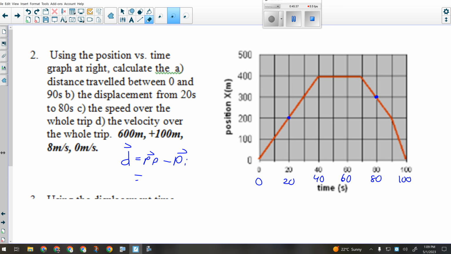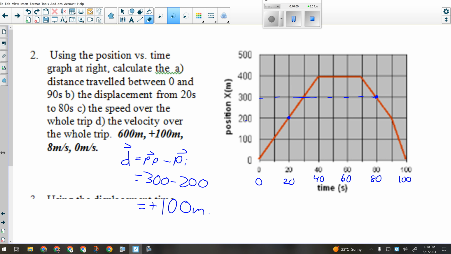My final position at time 80 seconds is 300 meters. And my initial position at time 20 seconds is 200 meters. My displacement is positive 100 meters.